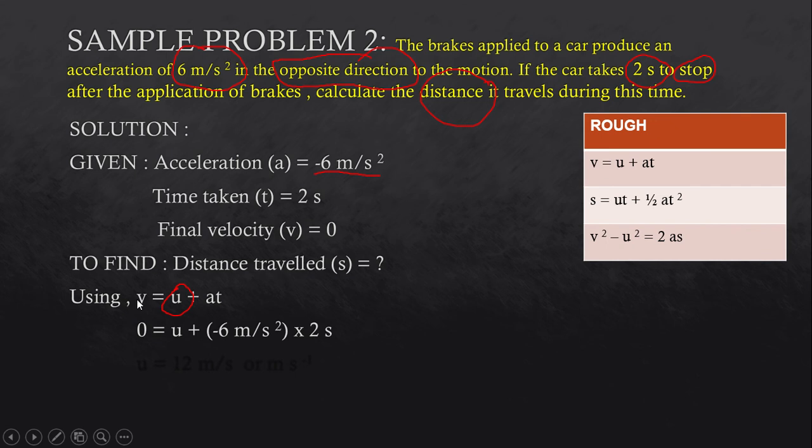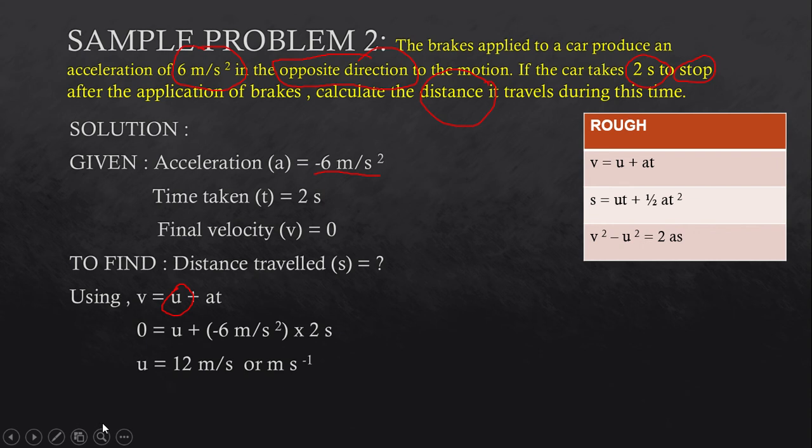See, let us put in the values. Final velocity equals 0. Initial velocity is u, which is unknown. Acceleration is -6 and time is 2. So we will put in the values like this: 0 equals u plus -6 multiplied by 2. So -6 into 2 gives you -12, and when you transpose, you get initial velocity u equals 12 meter per second.